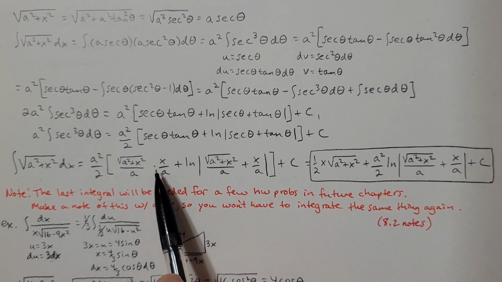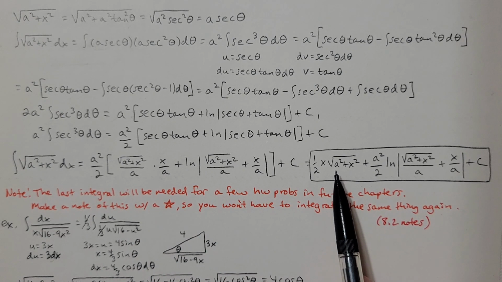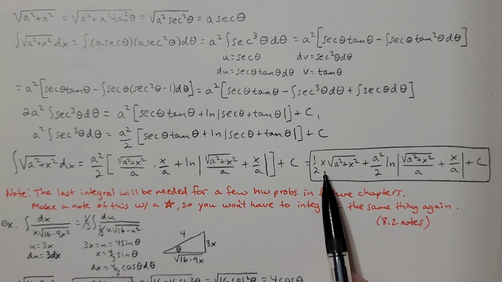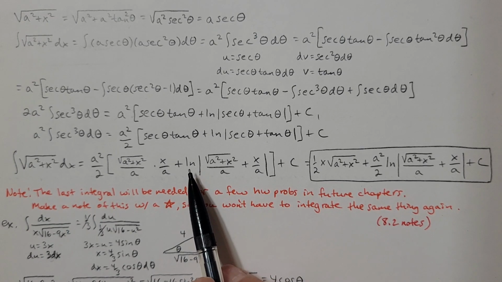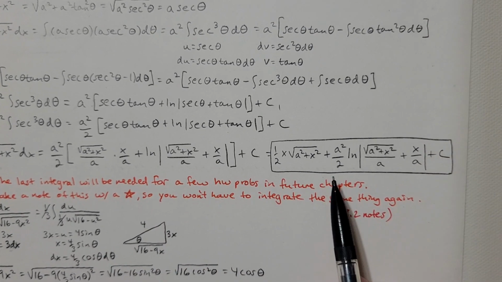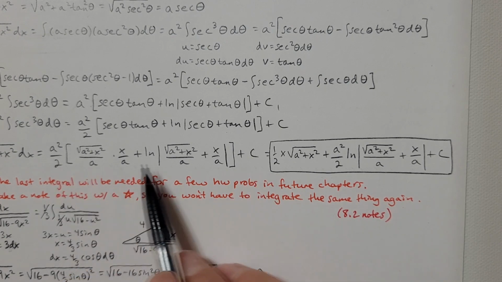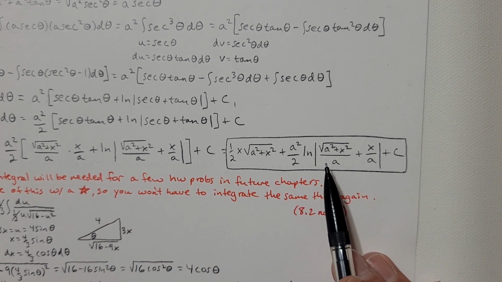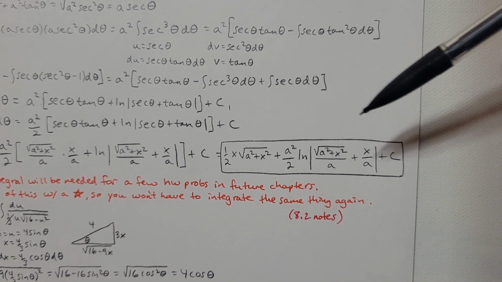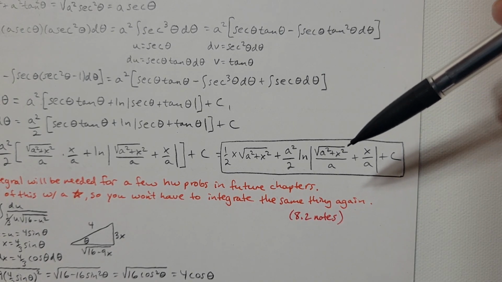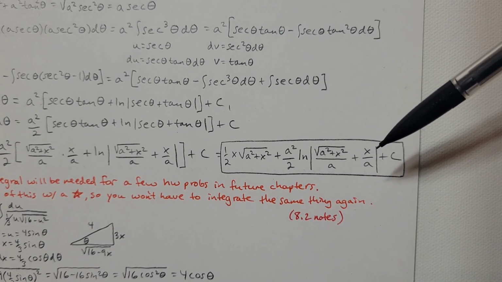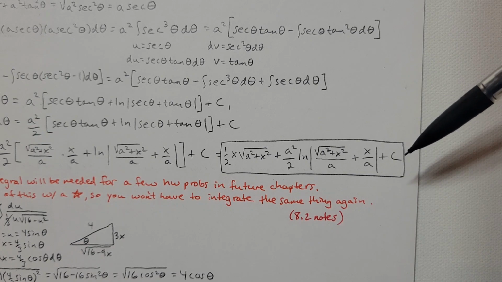And I've got x times the square root of a squared plus x squared divided by 2, plus a squared over 2 times the ln of the absolute value of the square root of a squared plus x squared divided by a plus x over a, plus a constant.